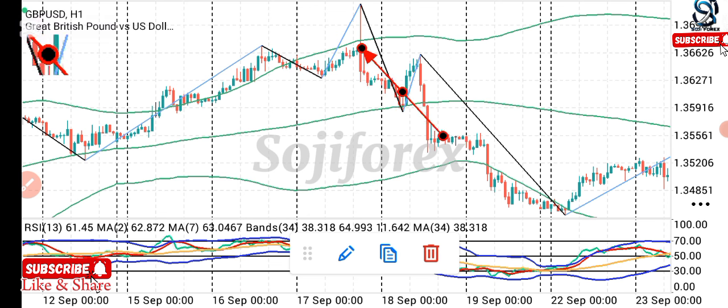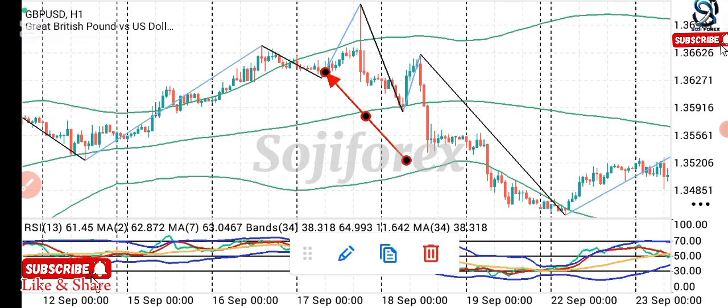You can see price piercing this upper Bollinger Band. Number 2, you want to see a divergence. Now this piercing of the upper Bollinger Band must be such that it creates a structural difference, to give you a clear high and a clear low, which is what we are seeing here.